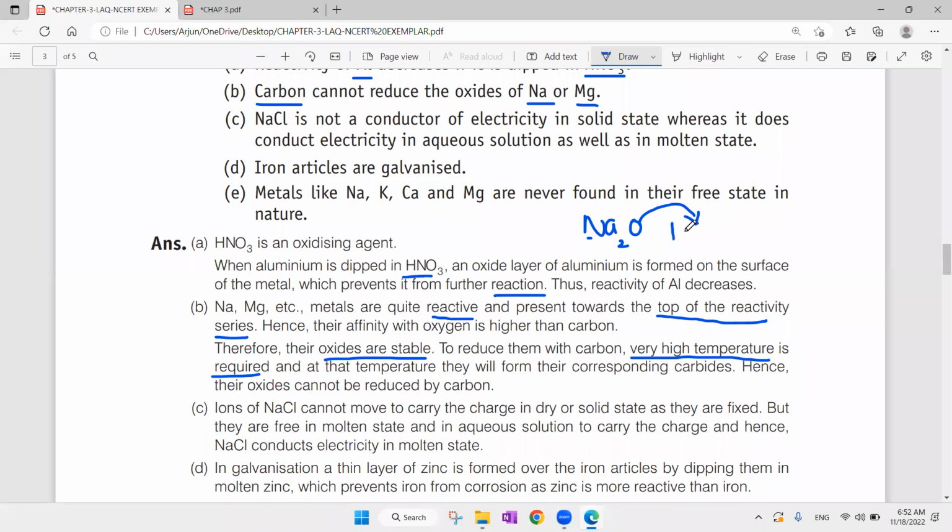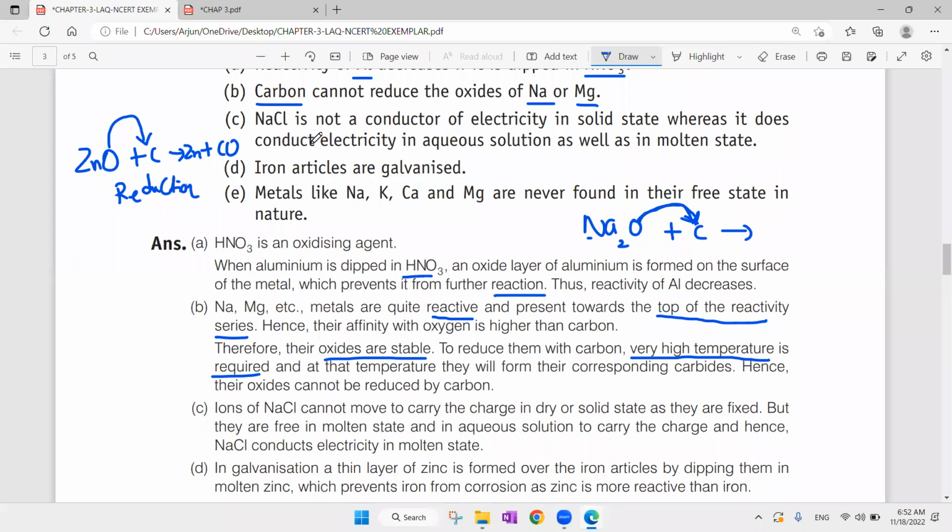For example, Na2O plus carbon gives nothing. It is not possible to remove oxygen and add it to carbon. But if it is something like ZnO, zinc oxide plus carbon, yes, we can remove oxygen and add it to carbon. Then we are going to get zinc plus carbon monoxide. That is the process of reduction.